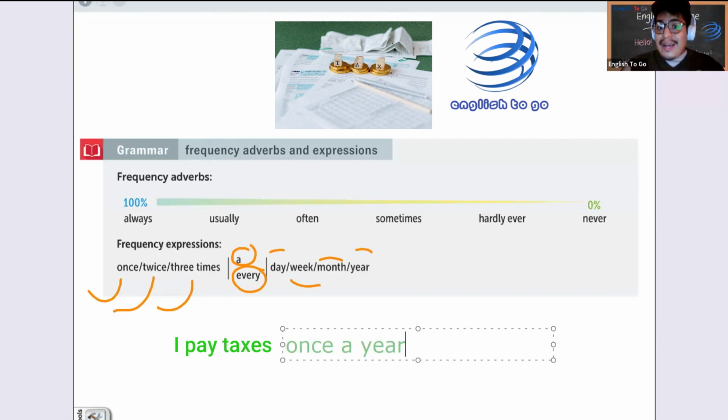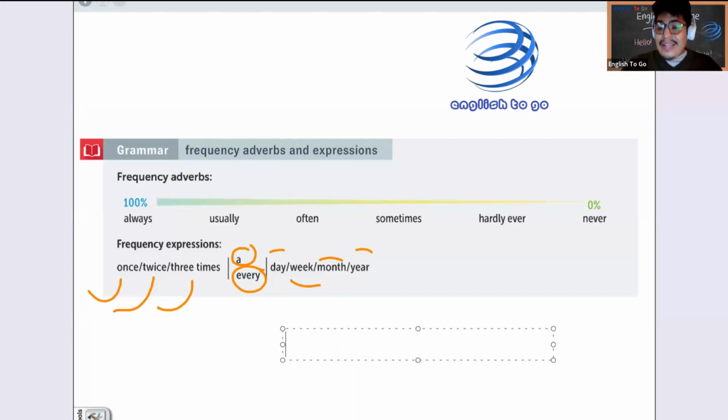I am using a time expression. Okay? Very good. So, if I pay taxes once a year, I can't say that I always pay my taxes, because I don't pay my taxes every month. Okay? Time expressions and frequency adverbs, guys, are friends. It means you can use them together, but normally we use frequency adverbs or time expressions.